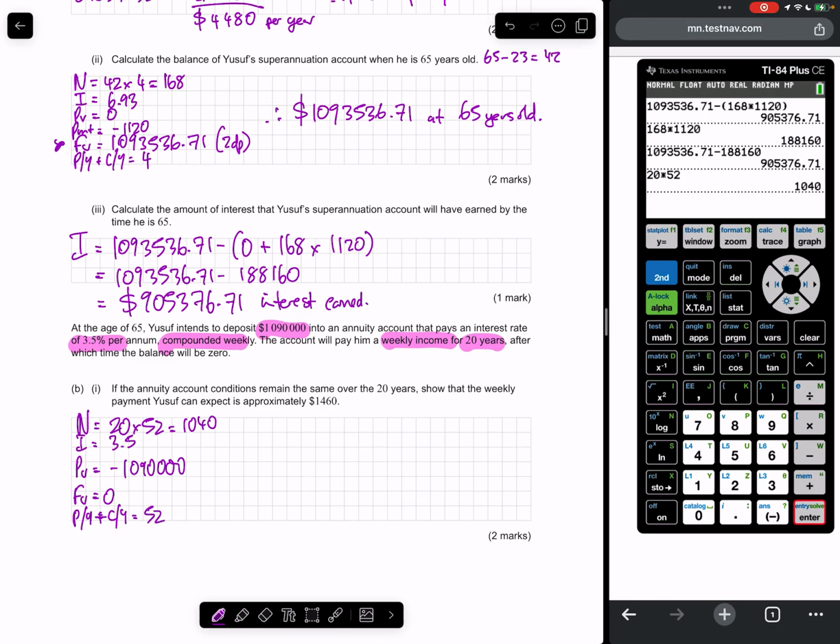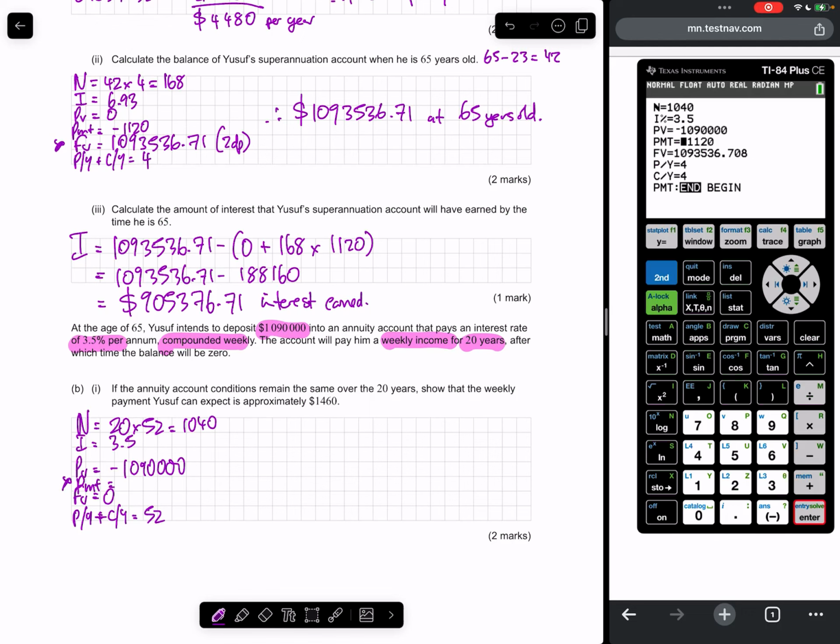So 52. So apps, finance, TVM, 1040, 3.5, negative 1,090,000. We don't know what the PMT is. That's what we are solving for. Completely forgot about that.